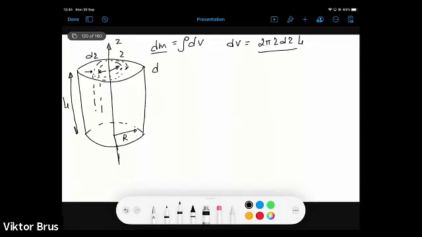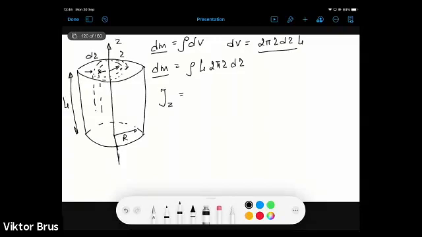Then we can write dm is equal to rho times L times 2 pi r times dr. So this is the expression for a very small element of mass of this cylinder. And let us calculate the moment of inertia of this cylinder with respect to axis z.